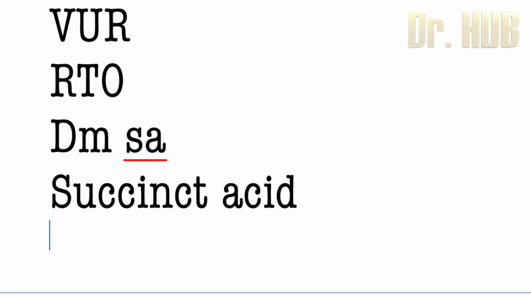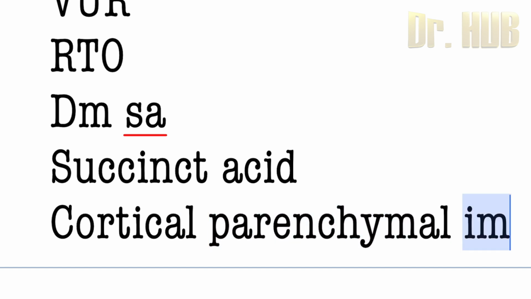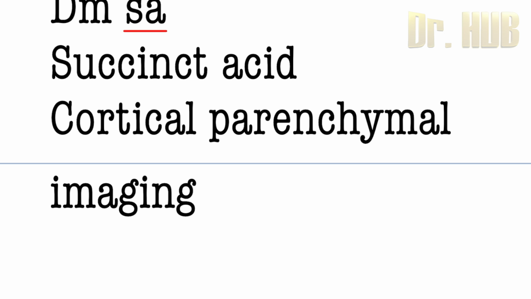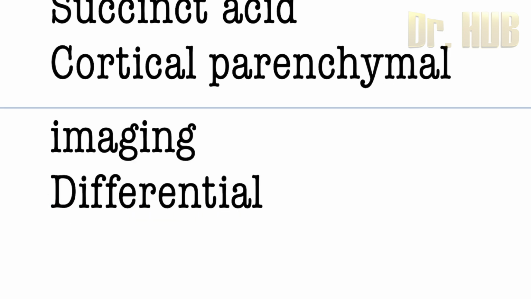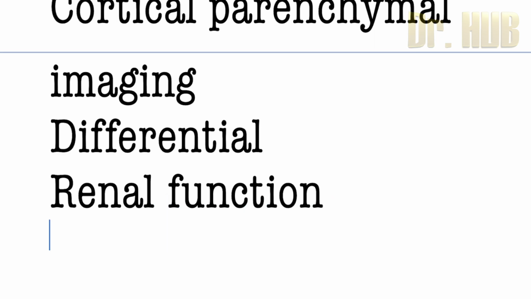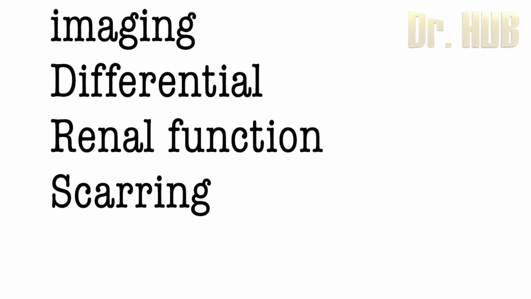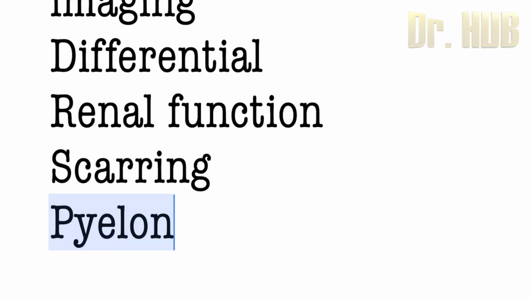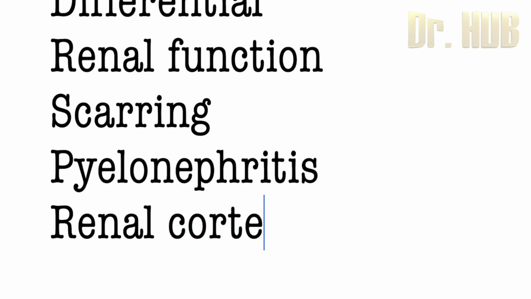Then comes assessing the differential as well as the relative renal function. It is particularly used in pediatric imaging for the detection of scarring, pyelonephritis, and DMSA is an ideal agent for the assessment of the renal cortex.